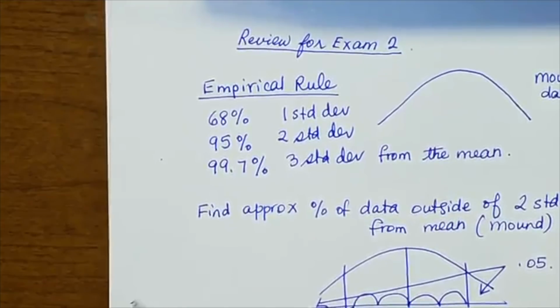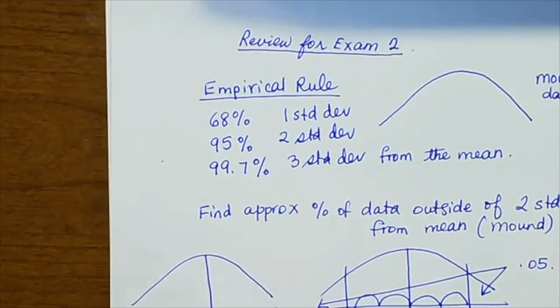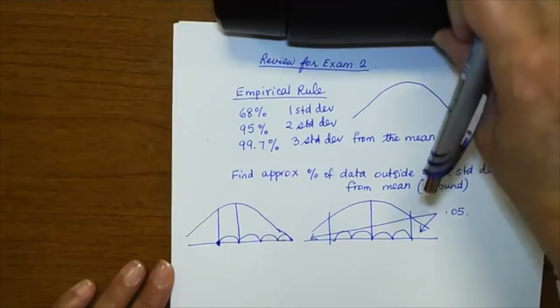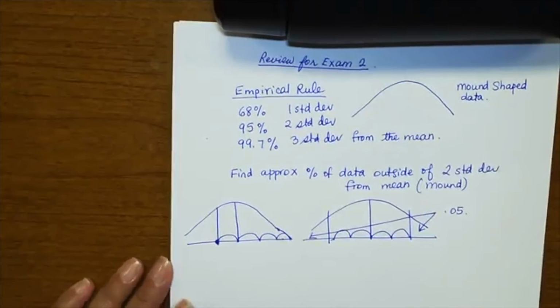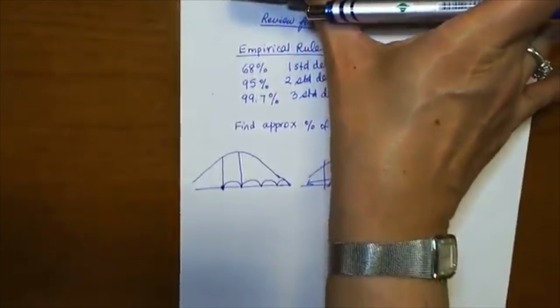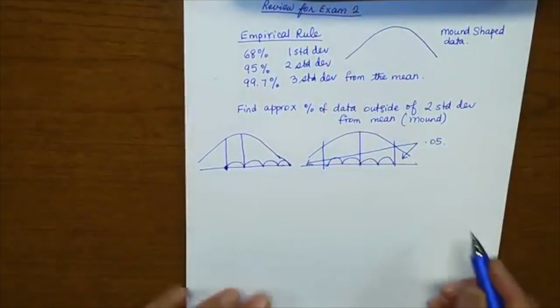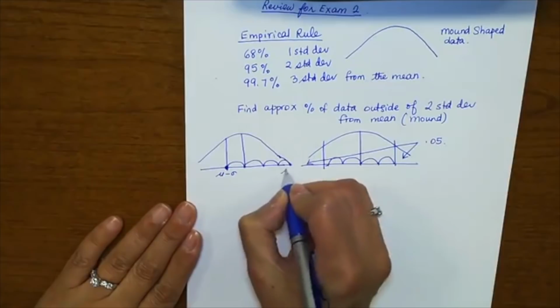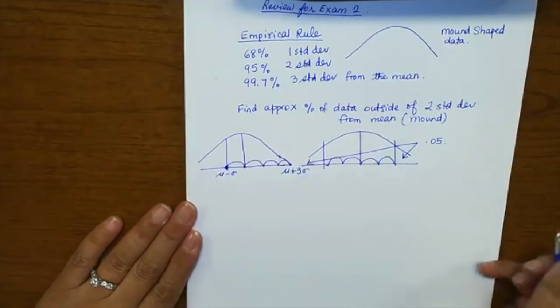What about something that's mound-shaped and I want the percentage of data from 1 standard deviation to the left of the mean to 3 standard deviations to the right of the mean? So this is mu minus 1 sigma and mu plus 3 sigma.